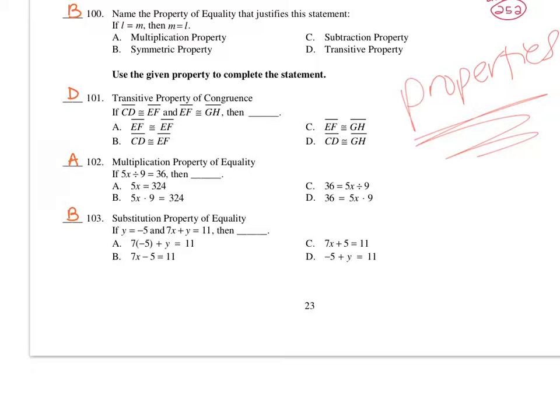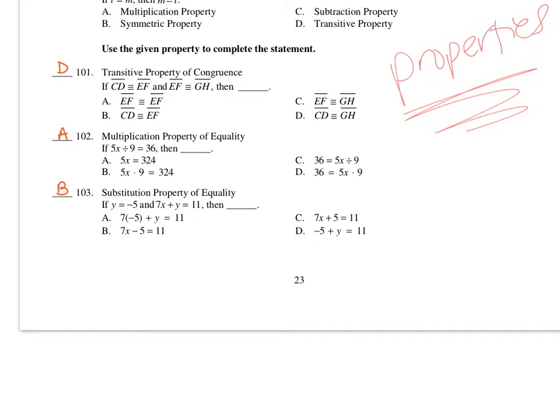Multiplication, if 5x divided by 9 is 36, 5x would equal 36 times 9, which is 324. Substitution, if y equals 5 and 7x plus y equals 11, then 7x plus negative 5 would equal 11. So you're substituting negative 5 in for y.